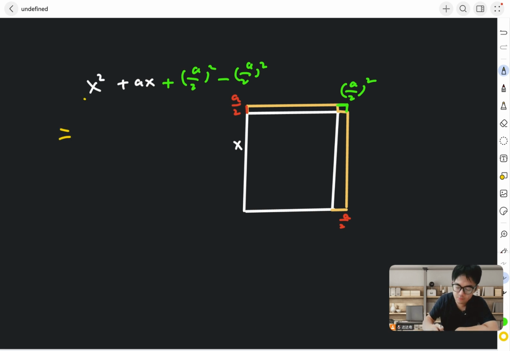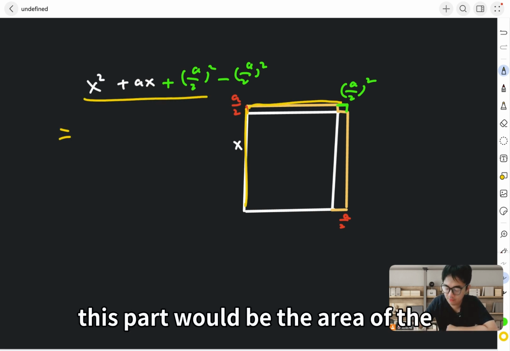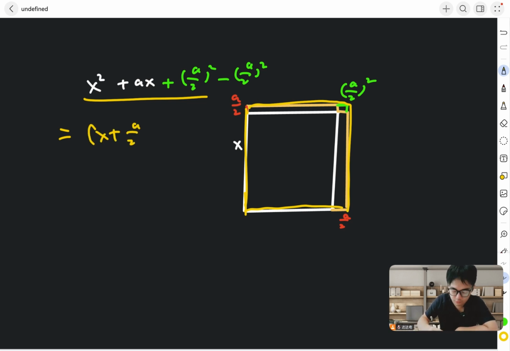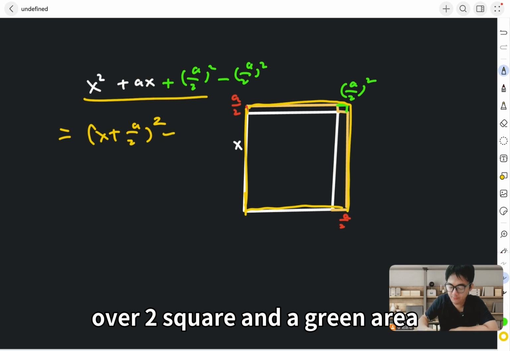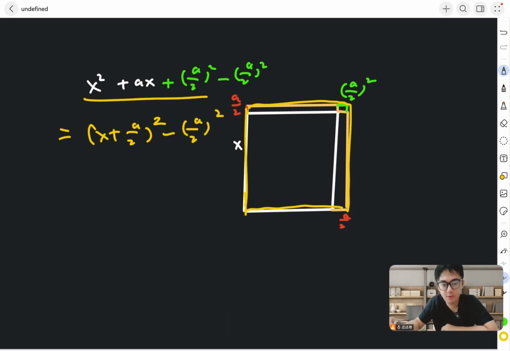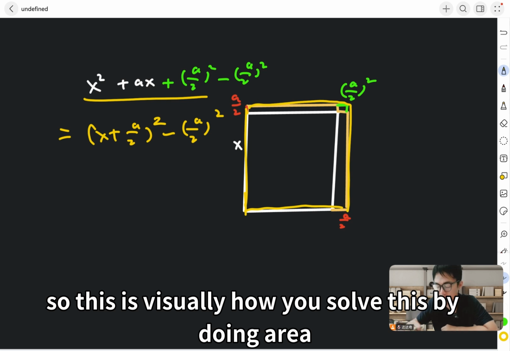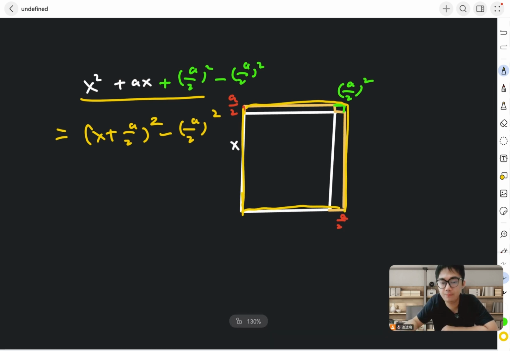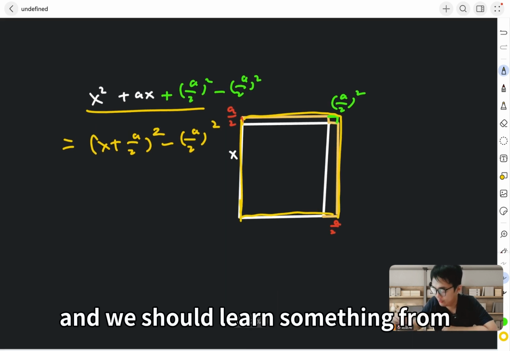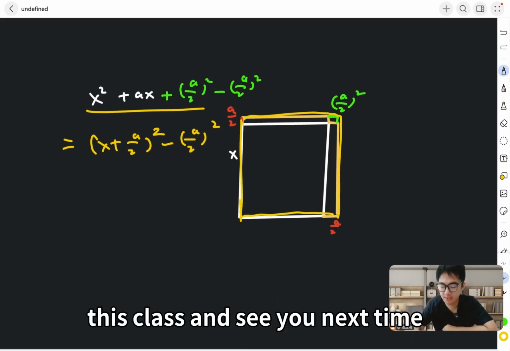And this part would be the area of the yellow square, which would be x plus a over 2 squared, and minus the green area, a over 2 squared. So this is visually how you solve this, by doing area. And that's the geometry idea behind completing the square. And we wish you can learn something from this class, and see you next time.